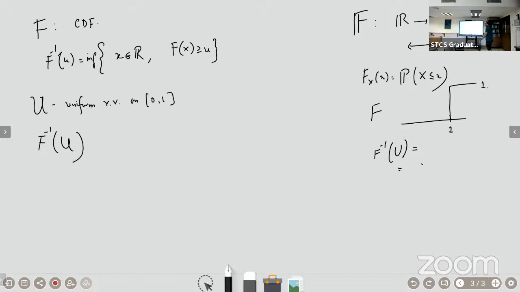Okay, let's try to prove what happens and then we'll come back to it. It has the same distribution as that. So what do we know? I want to control the probability of F inverse U. What is this equal to?